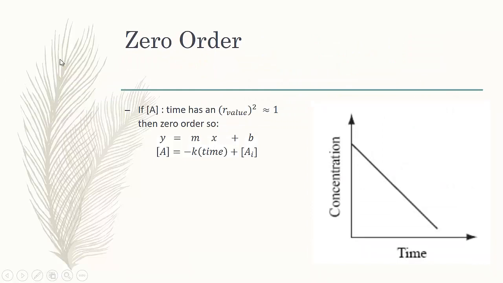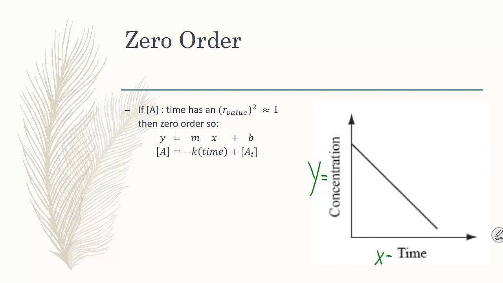So, if concentration versus time gives us an R value that's closest to 1, that means we have a zero order reaction. Everything kind of falls into line as long as you remember your linear regression formula, y equals mx plus b. Y is our concentration, and x is time.